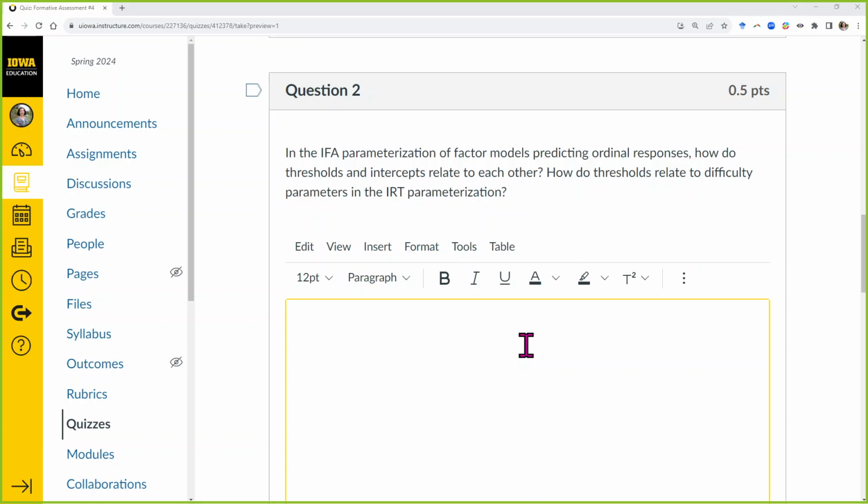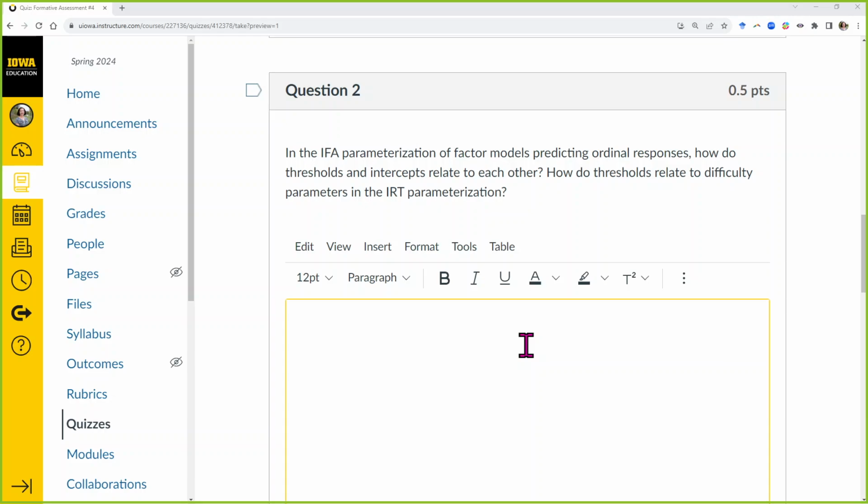So, both thresholds and difficulty parameters for each item are saying something about items or people when something is 0. Okay? So the threshold will give us the expected probability of responding the lower thing instead of the higher when the latent trait, or when the ability, is 0. Now, difficulty parameters will give us the estimated theta or the estimated factor needed to have a 50% chance of responding the lower part versus the higher part.